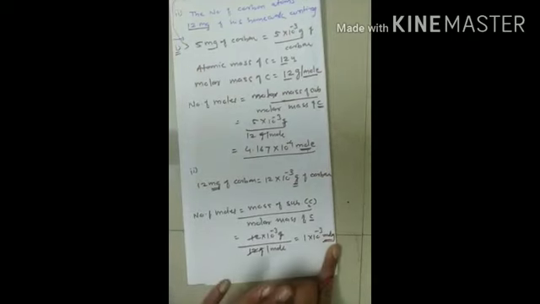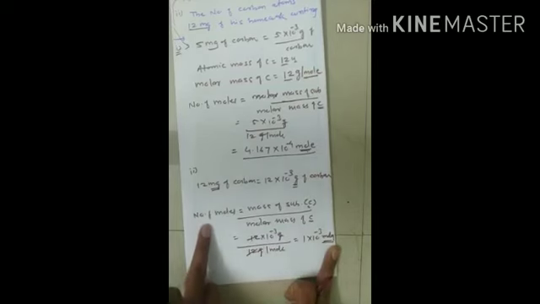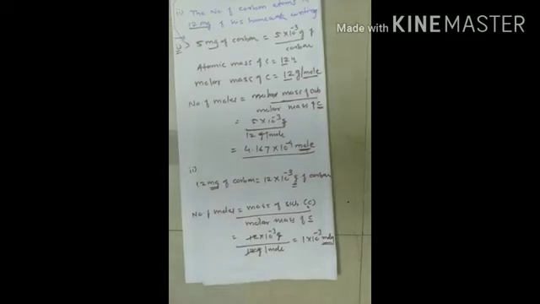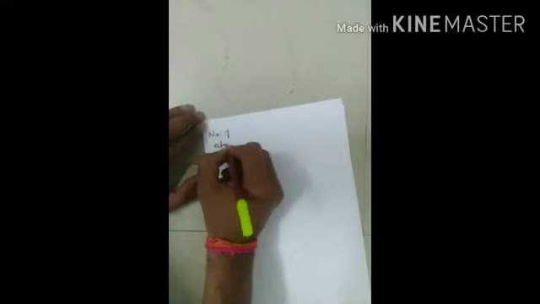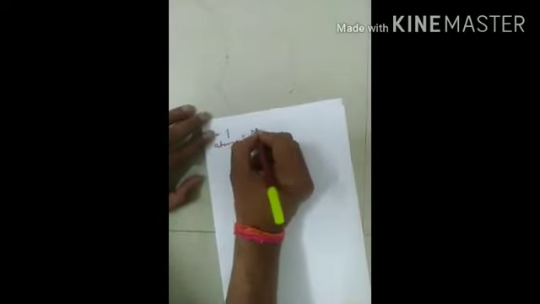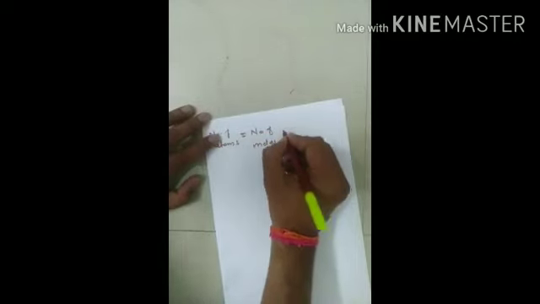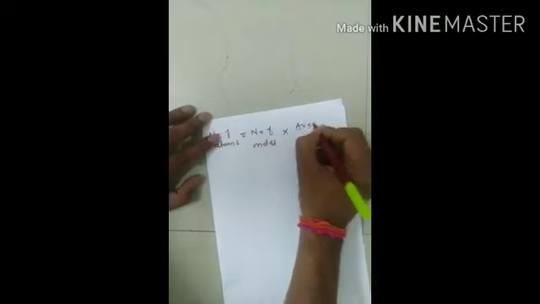It is not atoms. Once we get the moles, we multiply it by the Avogadro constant, which gives the number of atoms. So now we are going to calculate the number of atoms. Number of atoms equals number of moles into Avogadro's constant.